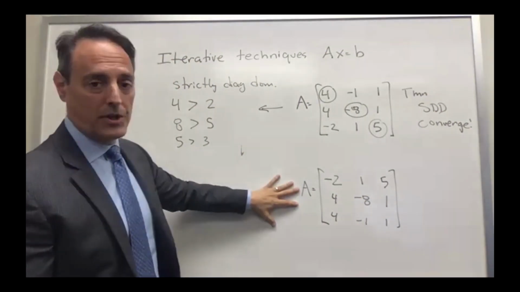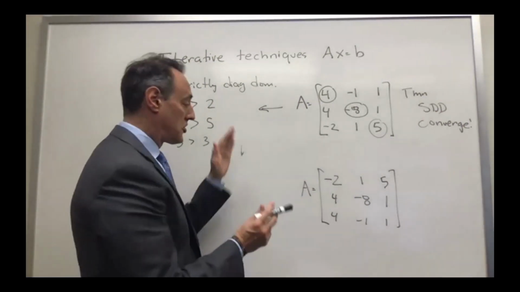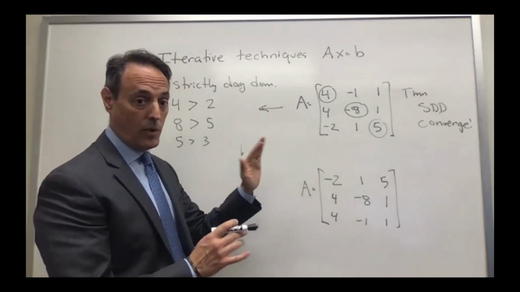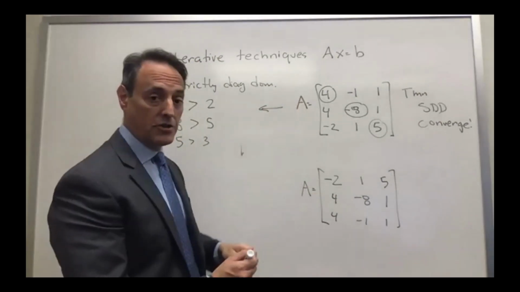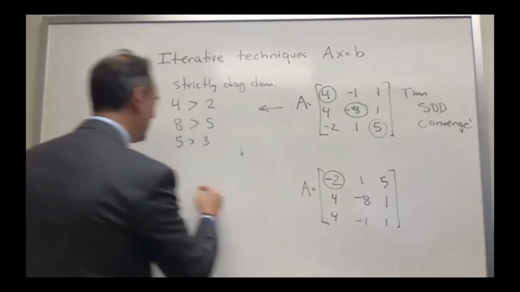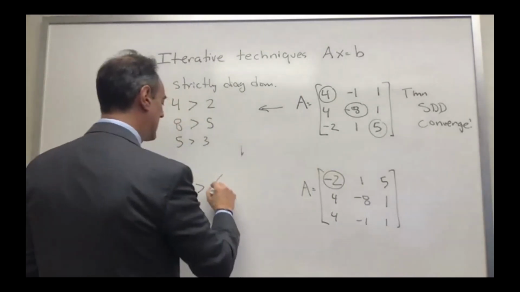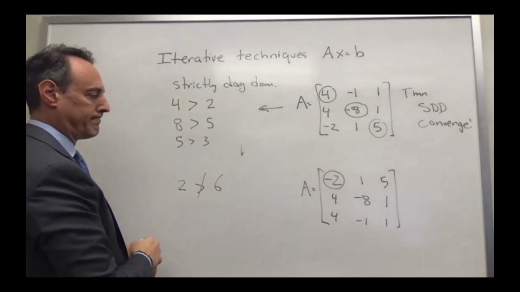Let's talk about this one here. What about this matrix? Same solution, right? I mean, we all agree. All I did was interchange rows. I go grab the diagonal term. Is 2 bigger than the sum of the other two? 6. And it certainly is not.